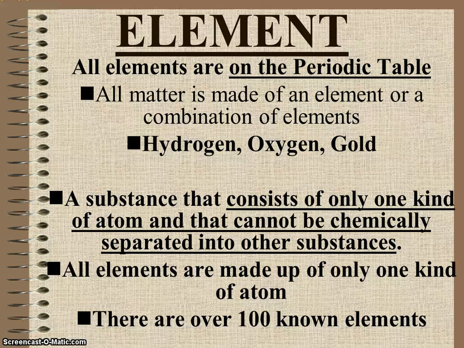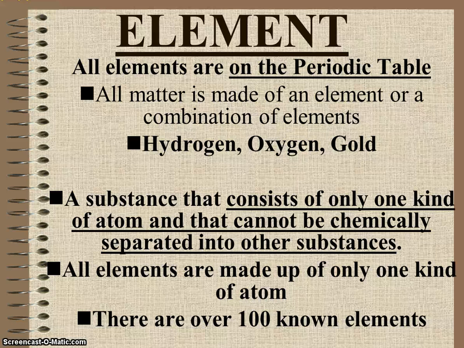Well, those atoms, individual atoms, we identify them as elements. Okay, an element is something that is only one kind of atom. You can't separate it into anything else. So it is one kind of atom. So we can kind of refer to elements and atoms as basically the same thing, because one kind of atom equals an element. All right.